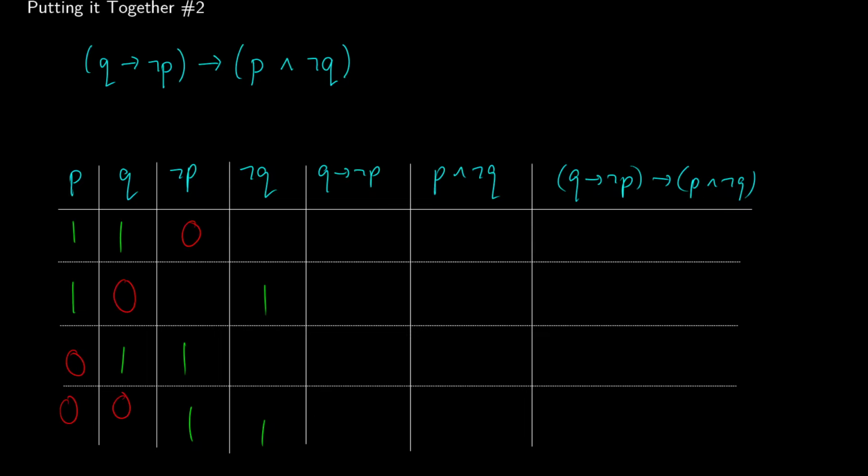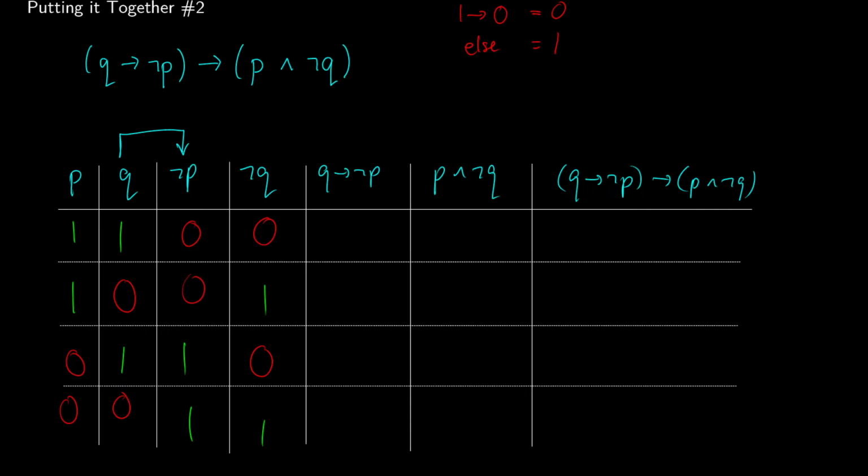So if you do these a lot, you just know these truth tables sort of off the top of your head, or you can calculate them pretty quickly. Now, Q arrow not P is where we're really starting here. So we're taking a look at Q and going to not P. So remember, the conditional is going to be false when we have 1 arrow 0, and everything else will be true.